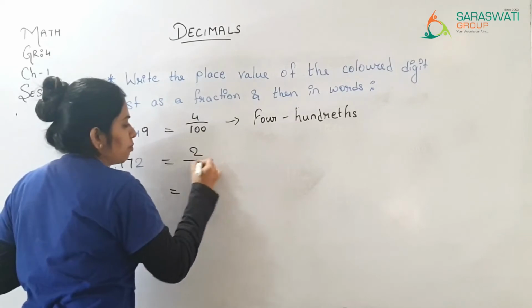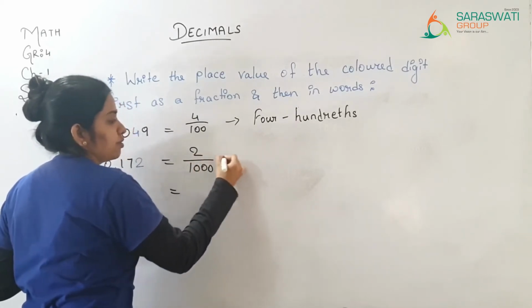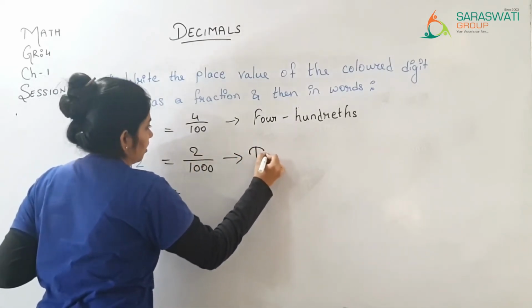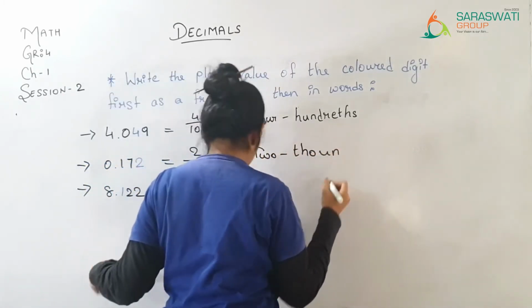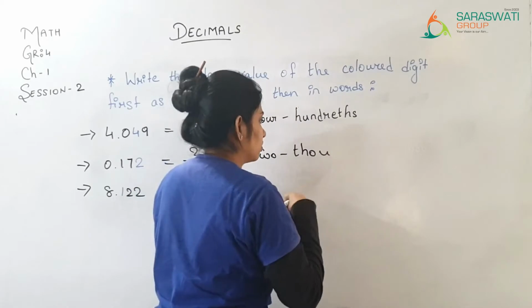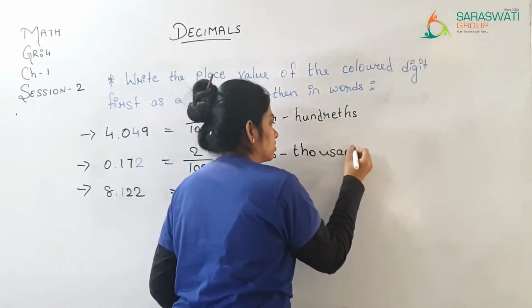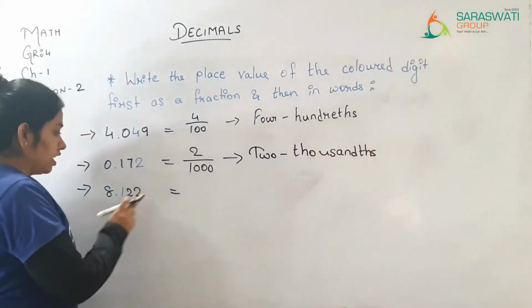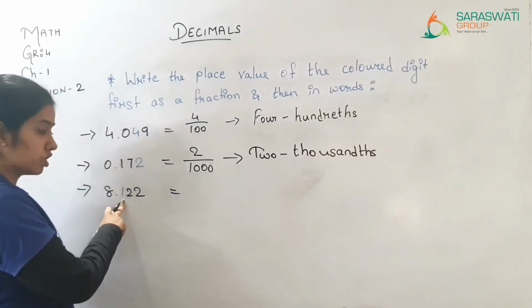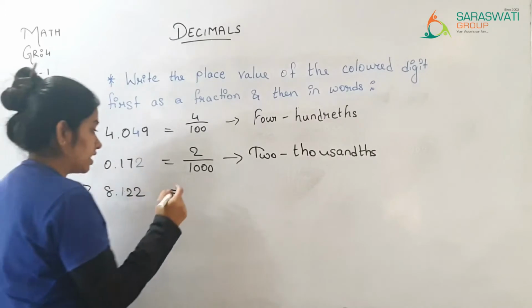Now this is the place value of 1000. So 2/1000, 2 thousands. Now here this is the place value. This is tens. First, that is tens.